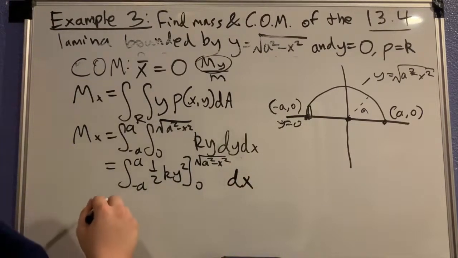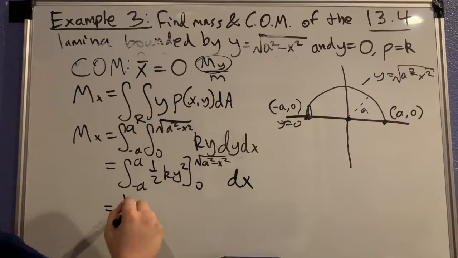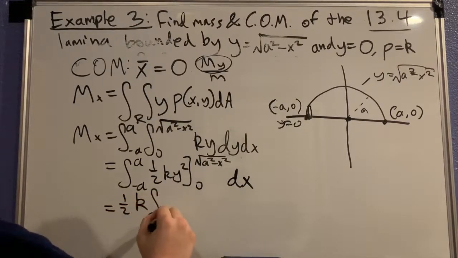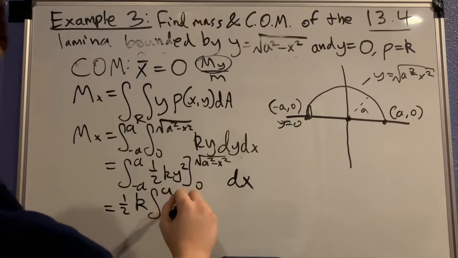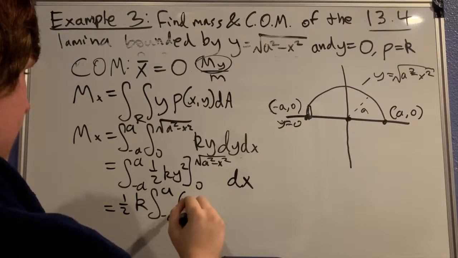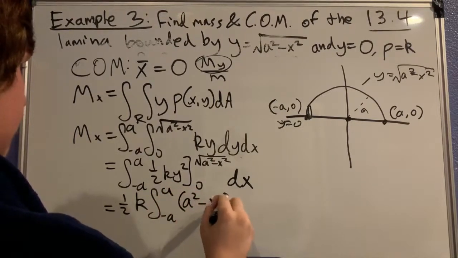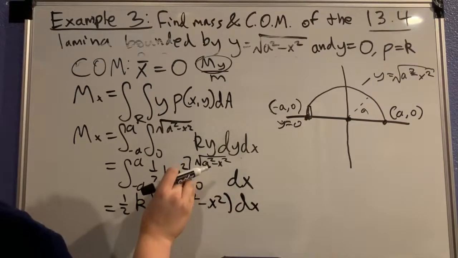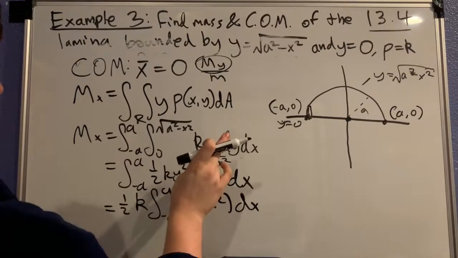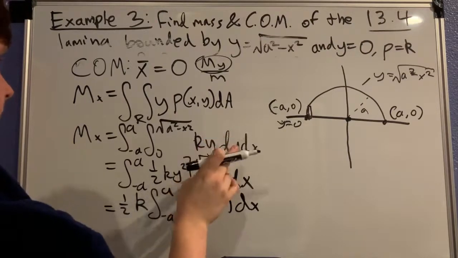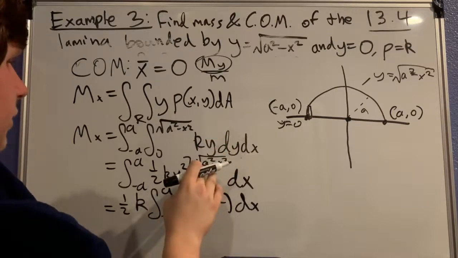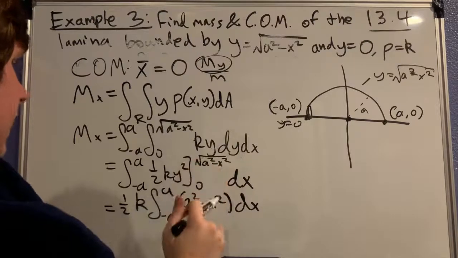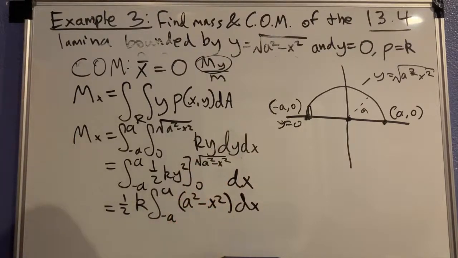This is just equal to 1/2 k times the integral from negative a to a of a squared minus x squared. And I took a little shortcut, but in the middle it's y squared from 0 to the square root of a squared minus x squared. And so you'd end up with just squaring this right here. And that's why you'd get that.